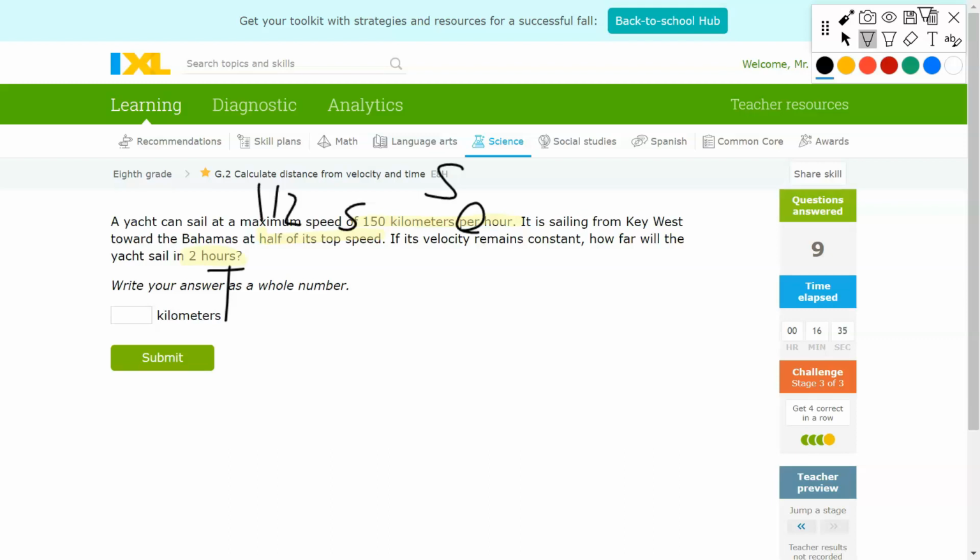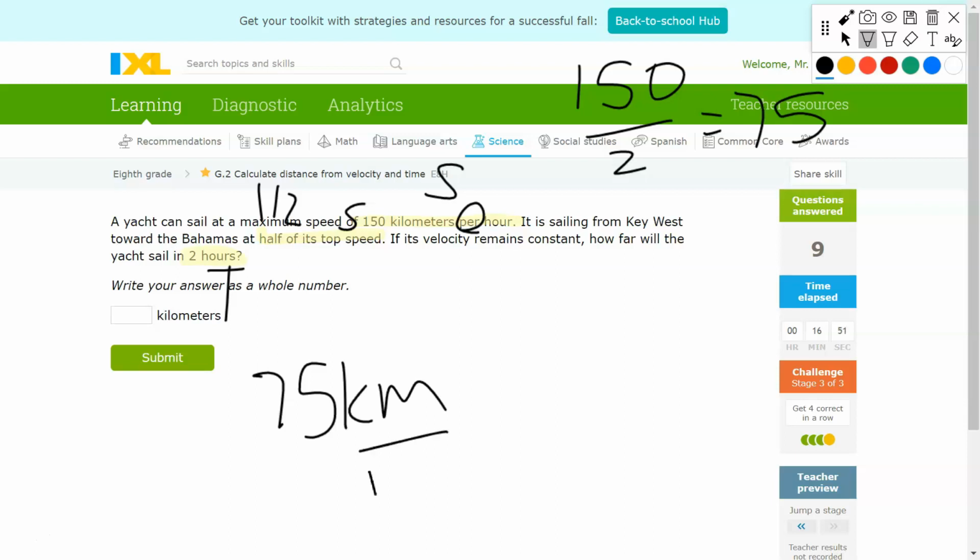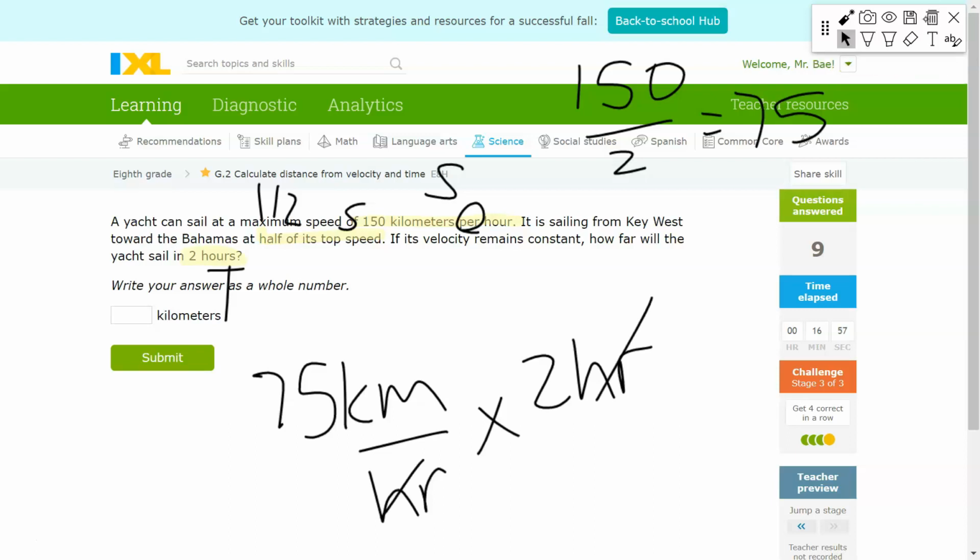So that means we're going to have to reduce the speed by half. So that would be 150 divided by 2. That should get you 75. Okay. So we're going to have to do 75 kilometers per hour multiplied by 2 hours. That should get you a total of 150.